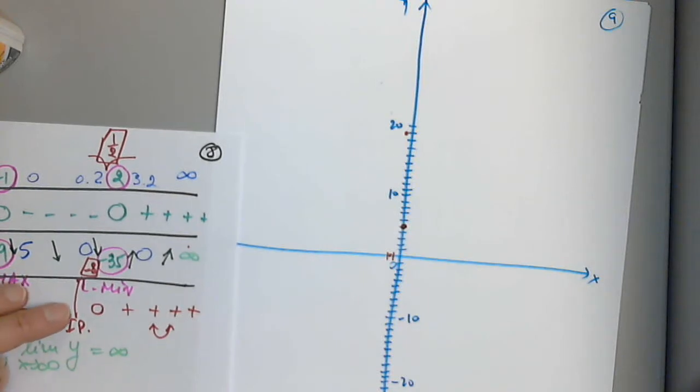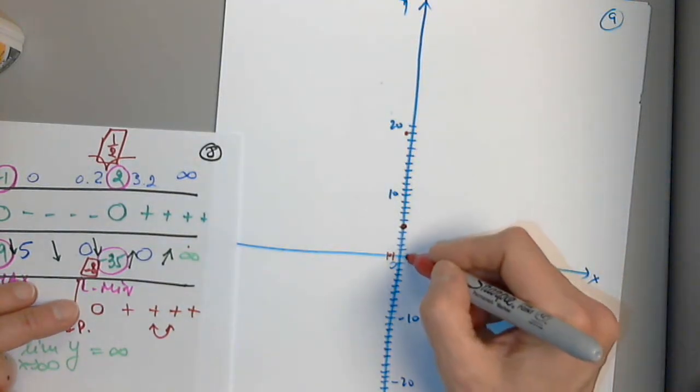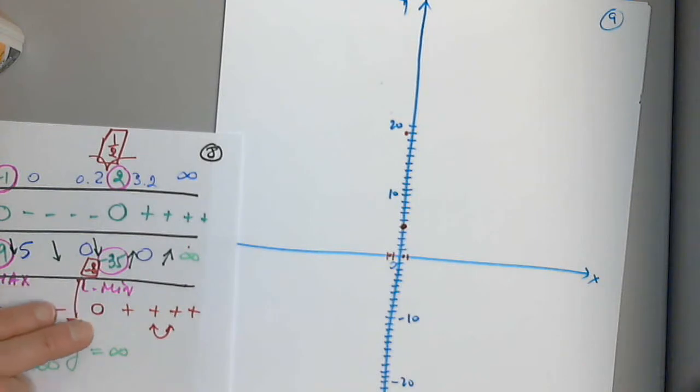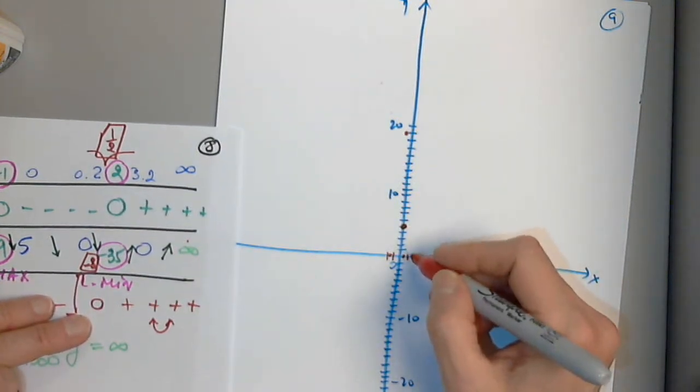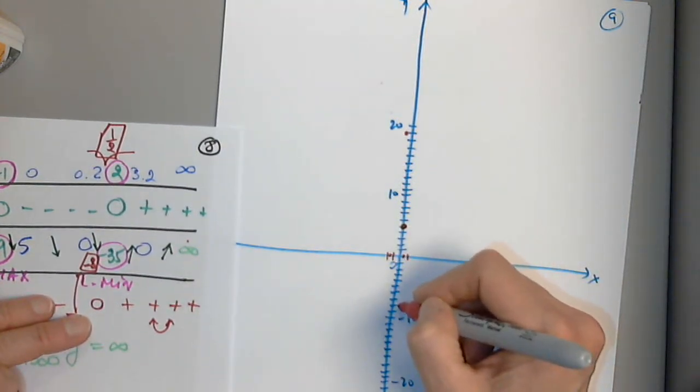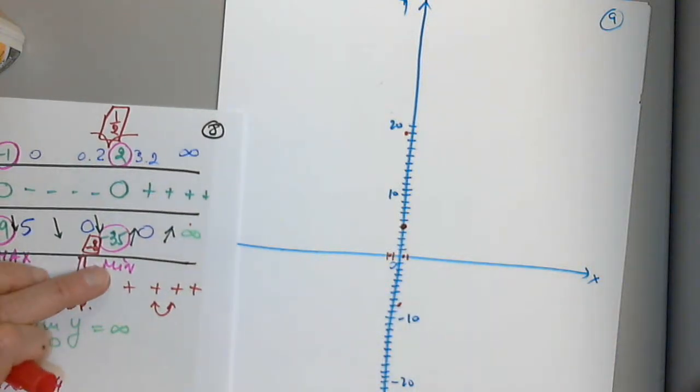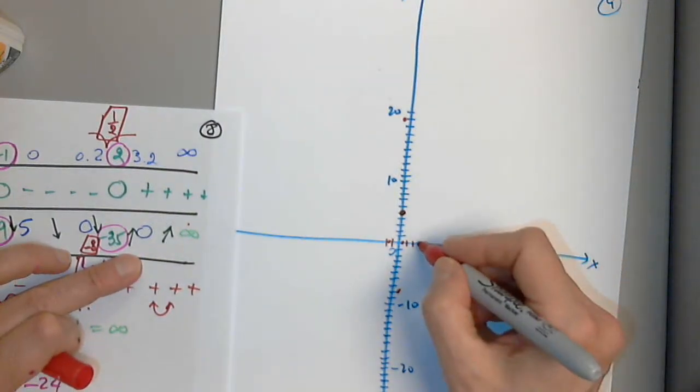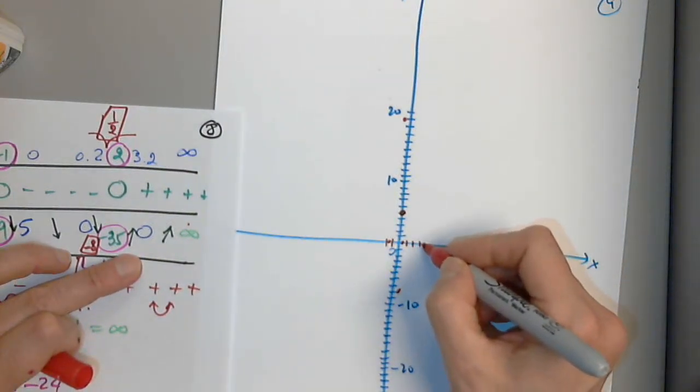And then 0.2, 0. Tough. And then, okay, so we'll see what I can do here. And 2, negative 35. That's a tough one. And 3.2 is 0.